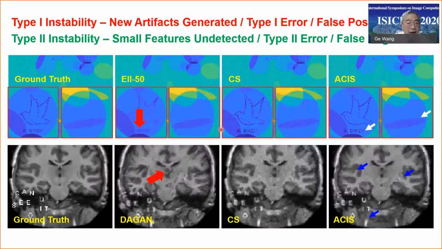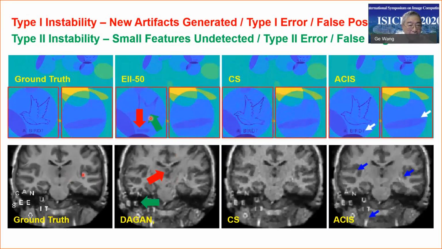These artifacts generated by the deep neural network selected by the PNAS paper are not in the ground truth. The second type of instability is false negative. You see the green arrow. Originally, you see clearly the wing of the bird, and it disappeared.